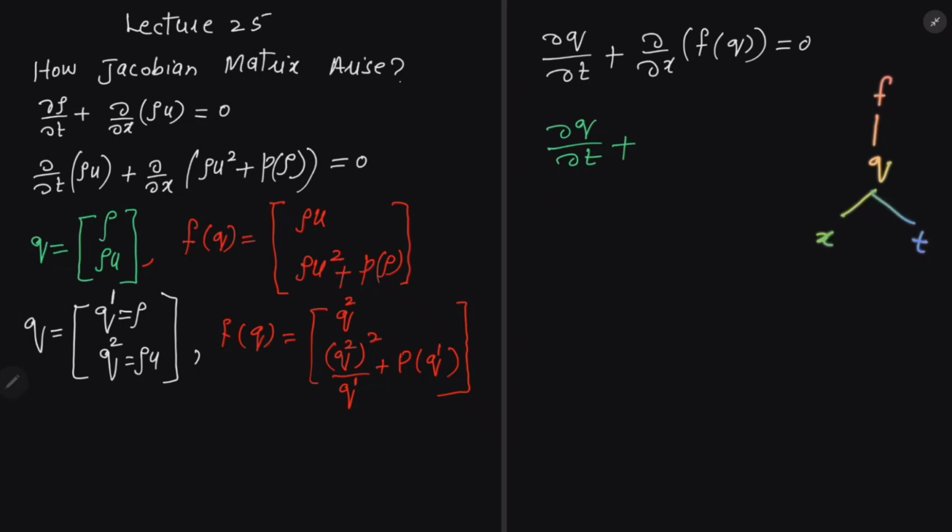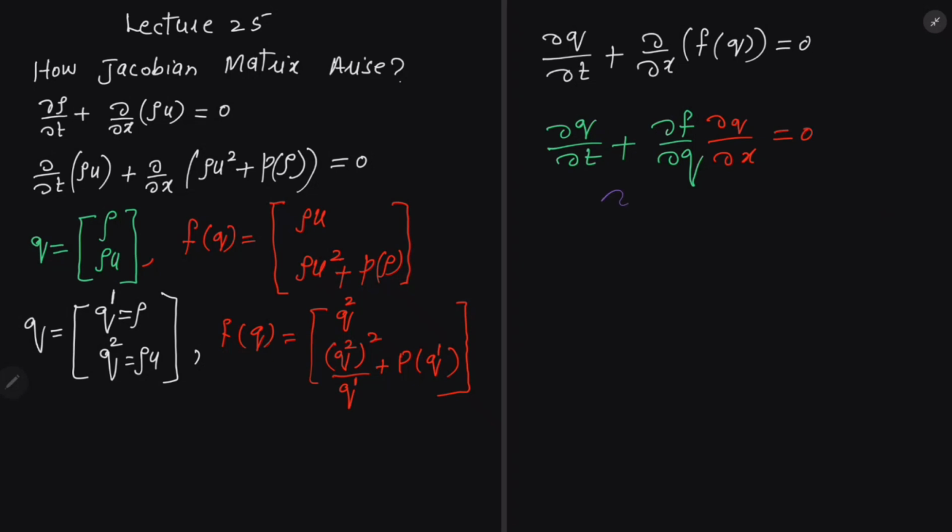So first I need to take the derivative of f with respect to q, then the derivative of q with respect to x. So we get partial f by partial q, and then partial q by partial x, which is equal to 0.